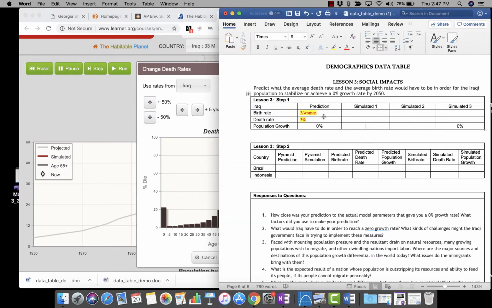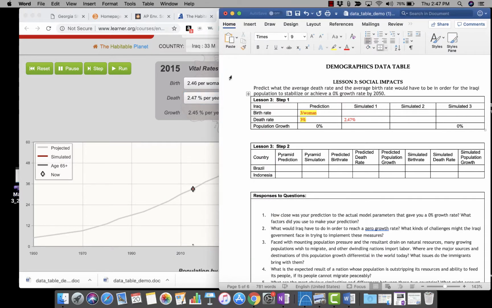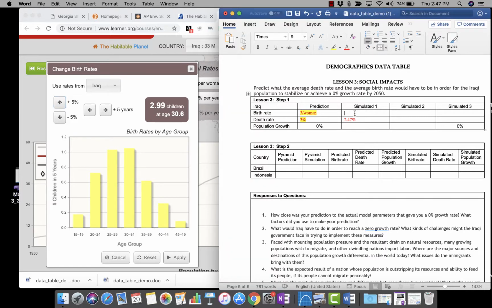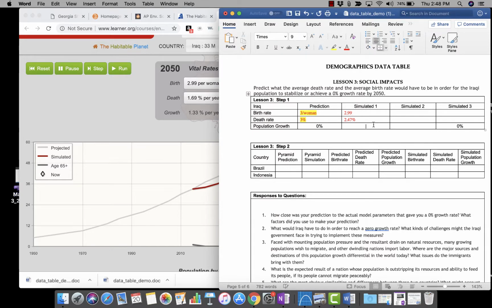So let's try that. Okay. And then we're keeping this about 3. Let's see what happens here. This is going to give us 1.33.